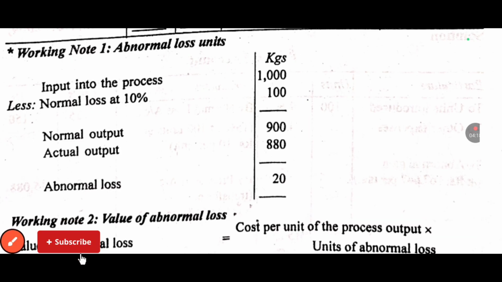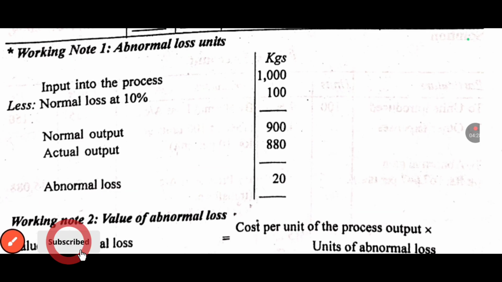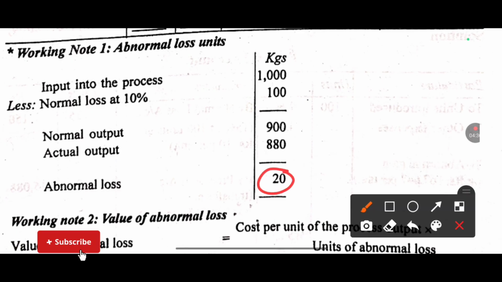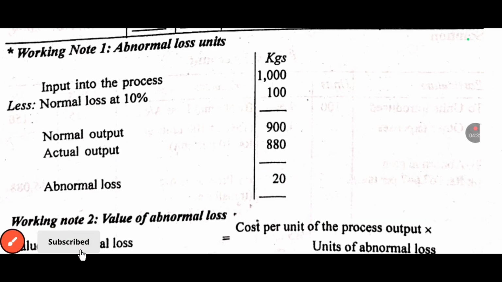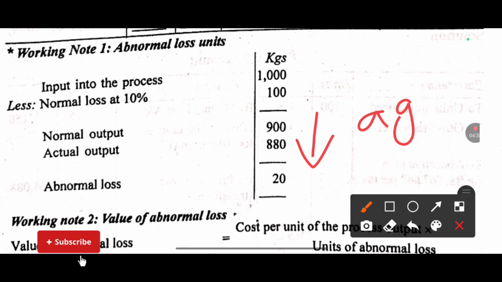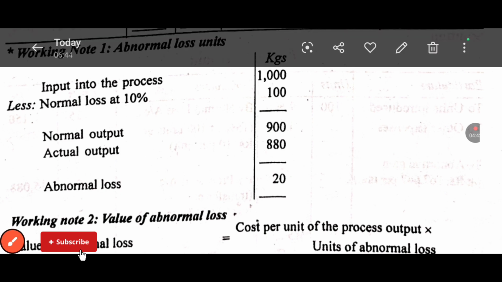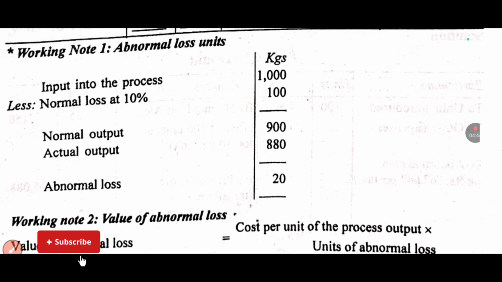Accordingly here, the normal output is greater than the actual output, so it is called abnormal loss. So we find the abnormal loss is 20 kilos. I will say the other format: if the normal output is lesser than the actual output, then it is called abnormal gain. Here the actual output is lesser than the normal output, so we got an abnormal loss of 20 kilos.